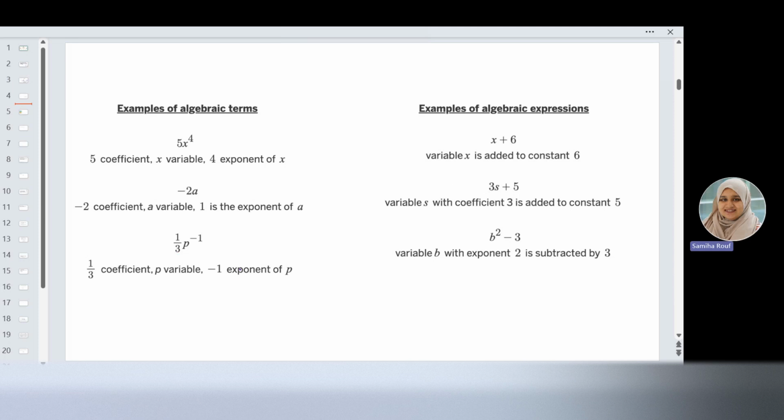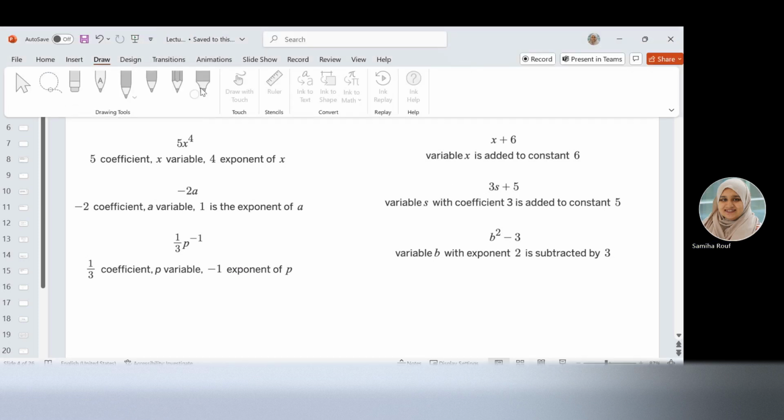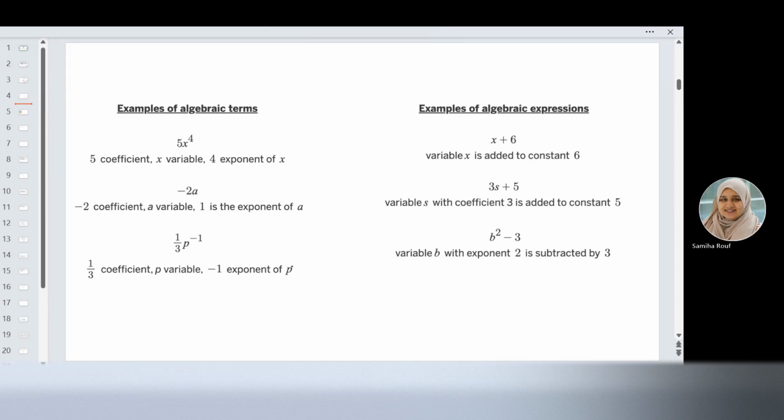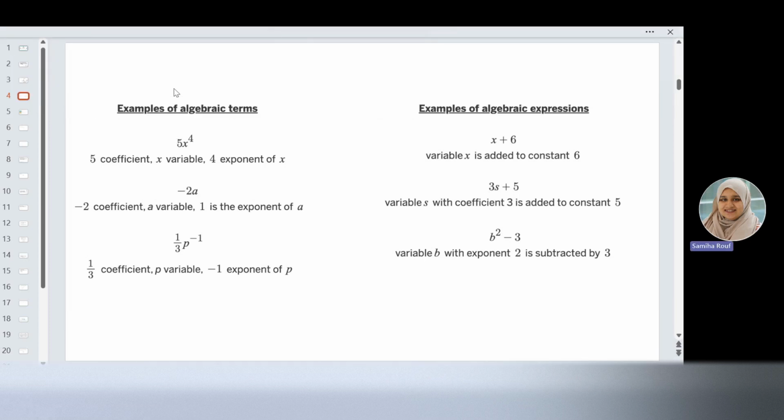When you're adding or subtracting a string of terms, that's when you end up with an algebraic expression. These are all examples of algebraic expressions.